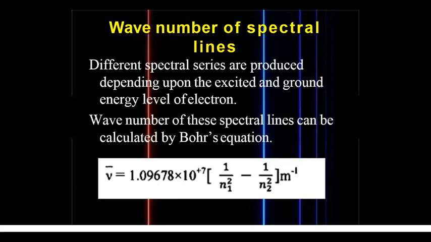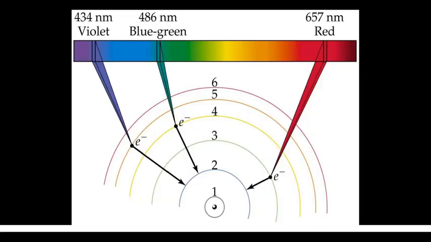Now we will think about the lines in the hydrogen spectrum. Here you can see the electron making a transition from n equal to 2 to n equal to 1, n equal to 3 to n equal to 2, n equal to 4 to n equal to 2, n equal to 5 to n equal to 2, isn't it?